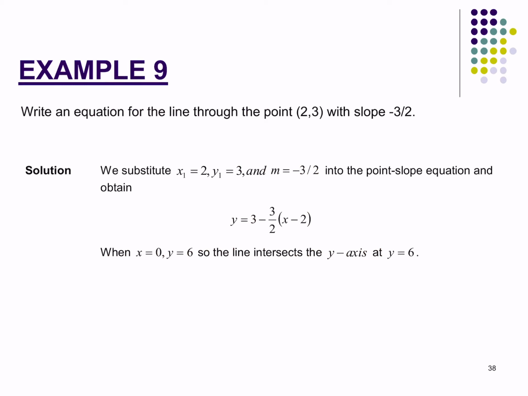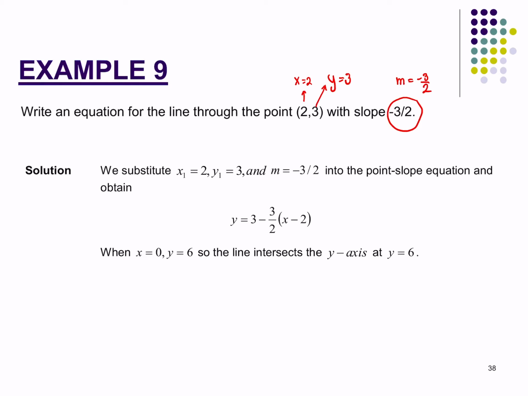So let's take a look at this example together. In this example, we are asked to find the equation for the line through the point 2 and 3. So in this case, we know that x equivalent to 2 and y equivalent to 3 with the slope minus 3 by 2, which means that the value of m is equivalent to minus 3 by 2 here.